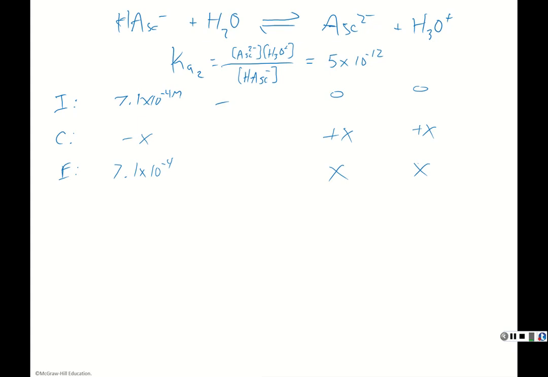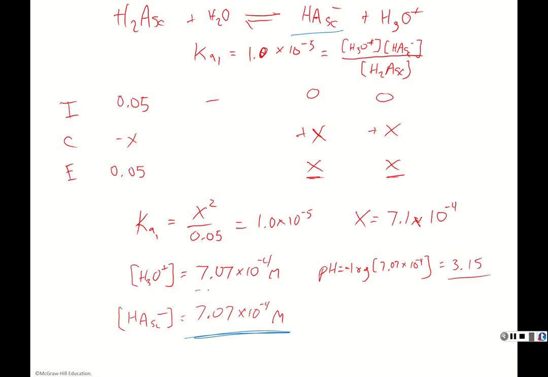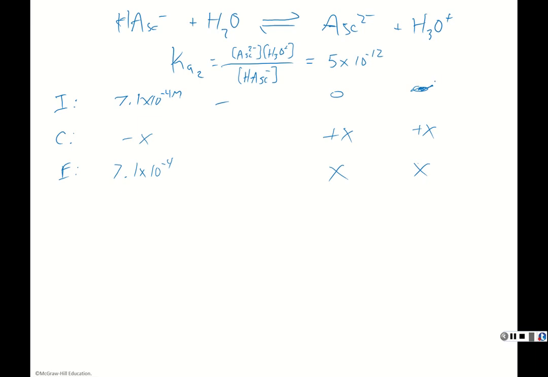And I made a little bit of a mistake here. For H3O plus, we're not really starting at 0, because this first step, we calculated that. That was the same value, X. These are both X. So we're actually starting with some. So that was 7.1 times 10 to the minus 4.